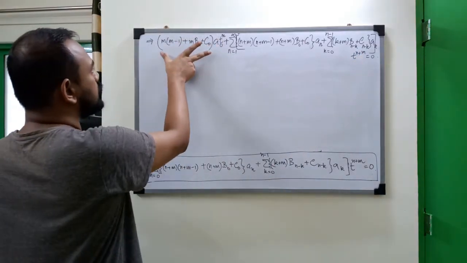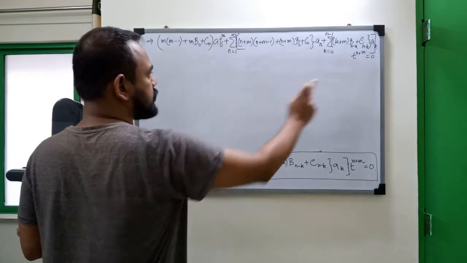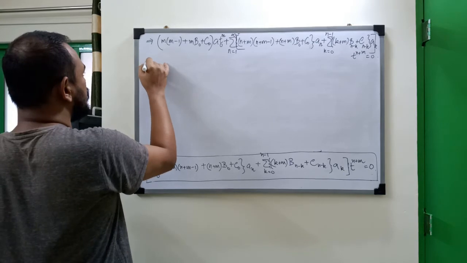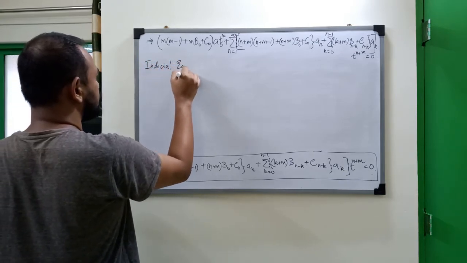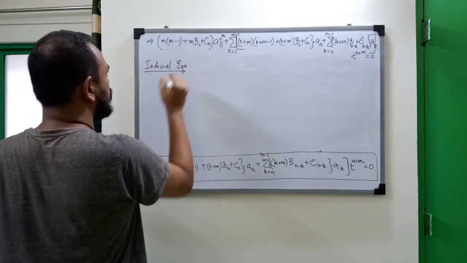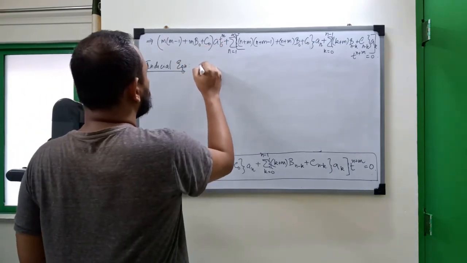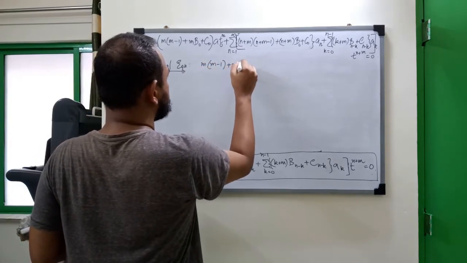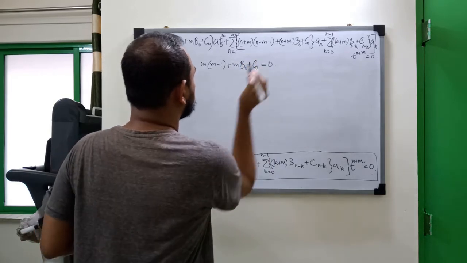So just equating the coefficient of the smallest power of t to 0, and this is called the indicial equation, you have m(m minus 1) plus m b0 plus c0 equals 0.